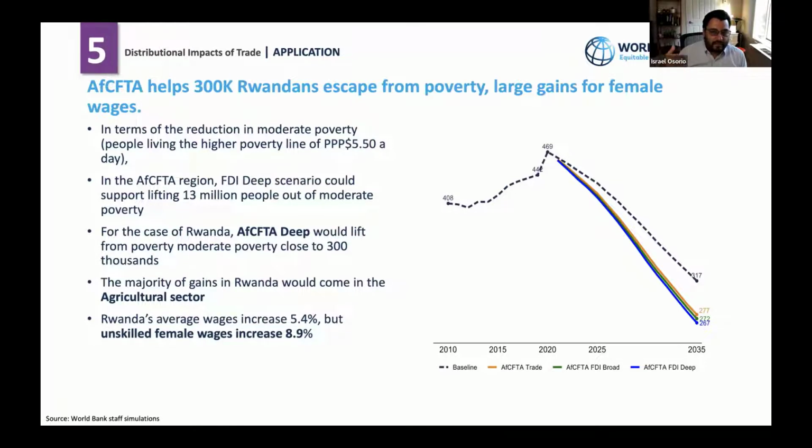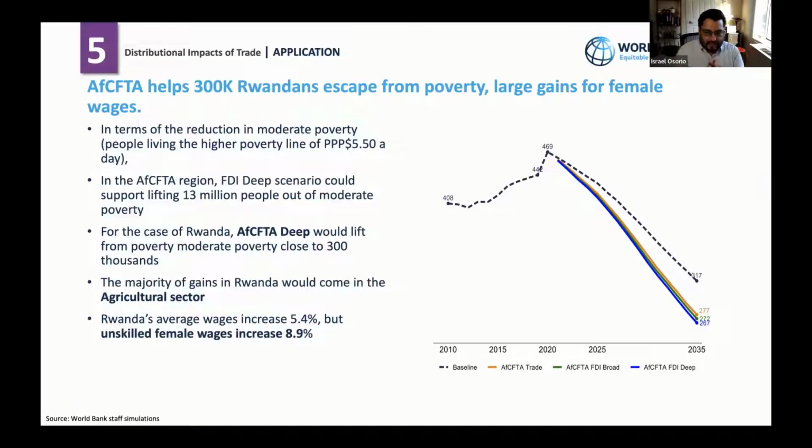Now we can say that the average Rwanda wages will increase by 5.4% with respect to baseline by 2035, and dramatically, it increases the rate of unskilled female wages, which are growing at 8.9%. And those come from the CGE model.